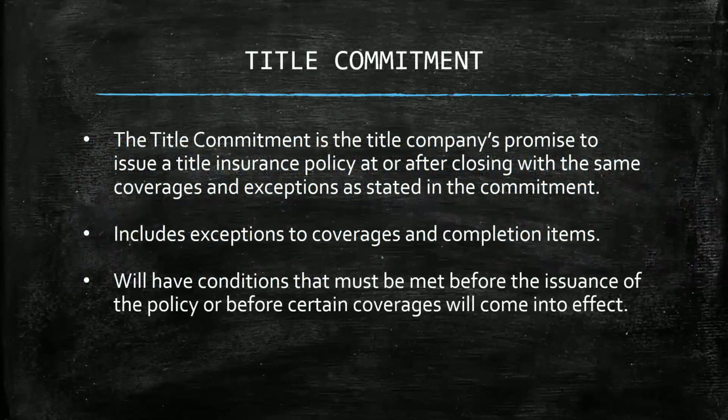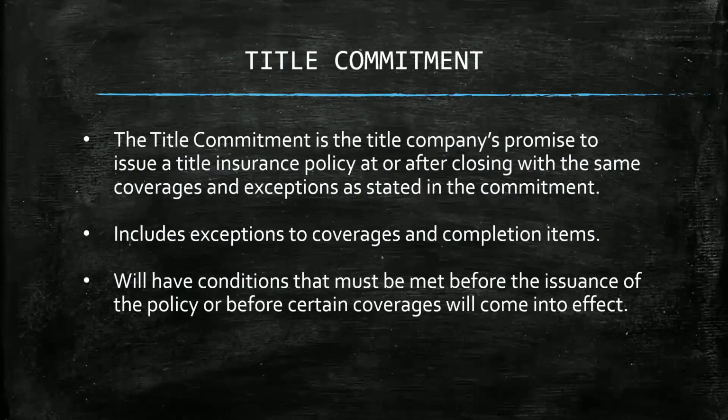Well, the title commitment is the title company's promise that they will issue a title insurance policy at or after the closing with the same coverages and exceptions as are stated in the commitment. We promise we will issue a title policy along these lines as are outlined in this written title commitment.